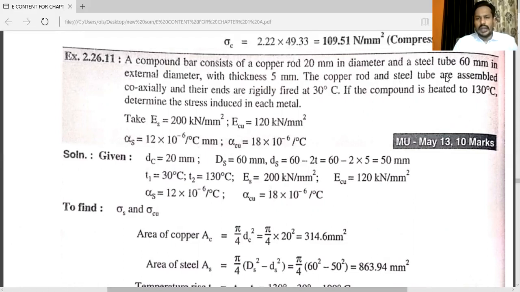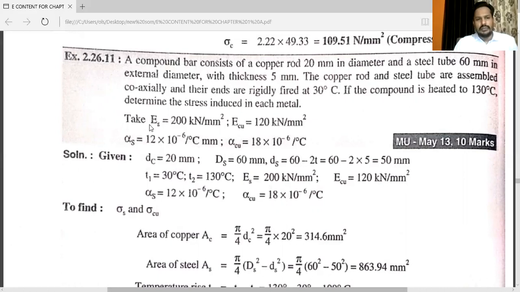The copper rod and steel tube are assembled coaxially and their ends are rigidly fixed at 30 degrees Celsius. If the compound bar is heated to 130 degrees Celsius, determine the stress induced in each metal. So you have to calculate the stress induced in copper and the stress induced in the steel tube.